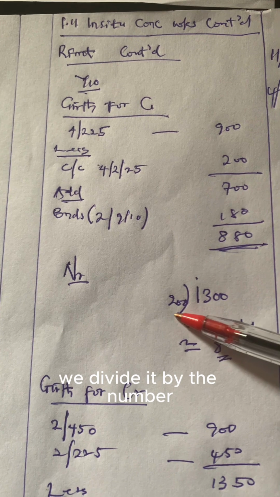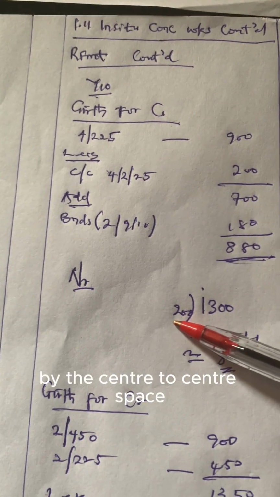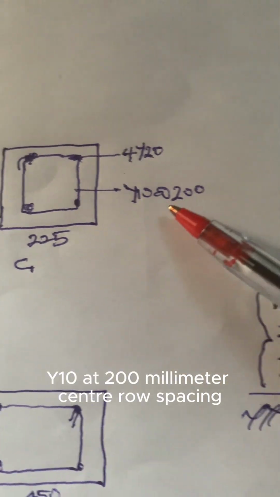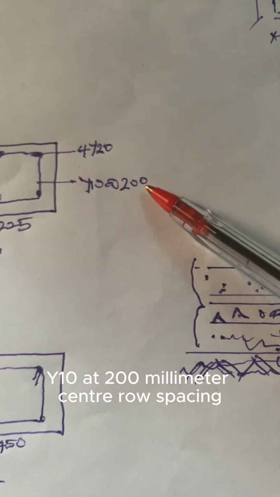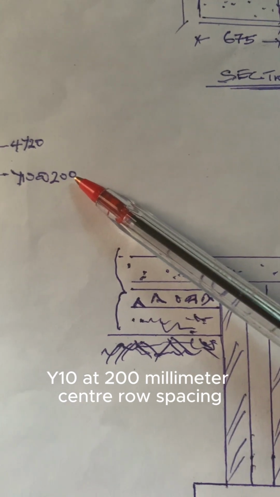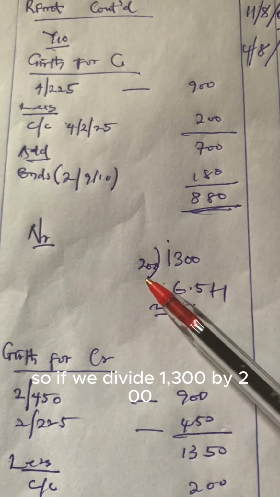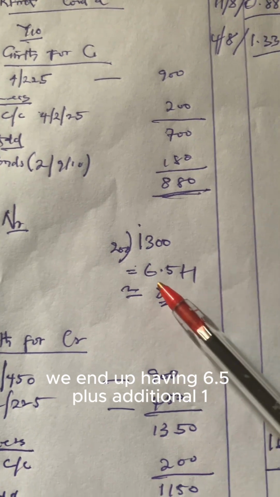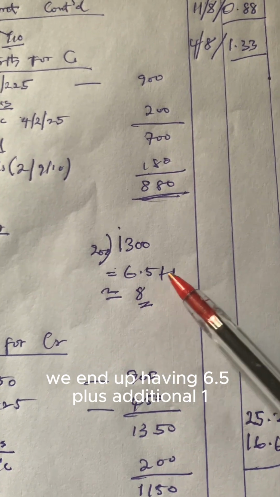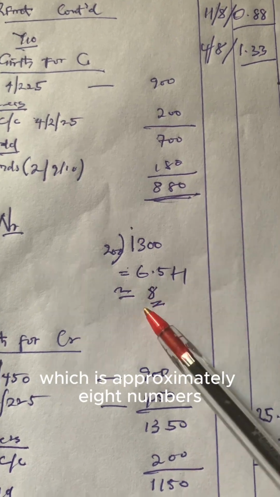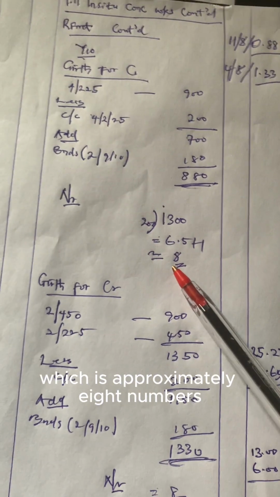We divide it by the center to center space, which has been given as 200, Y10 at 200 millimeter center spacing. So if we divide 1300 by 200, we will end up having 6.5 plus additional 1, which is constant, which will give us 7.5, which is approximately 8 numbers.